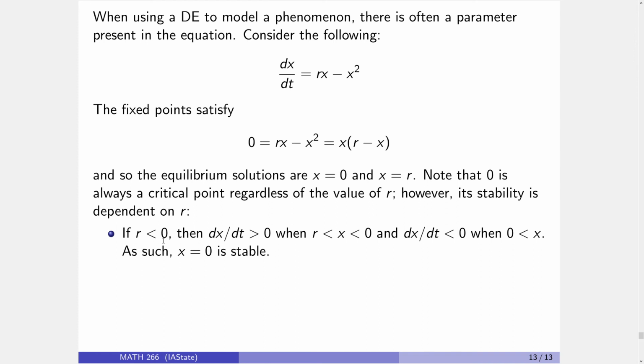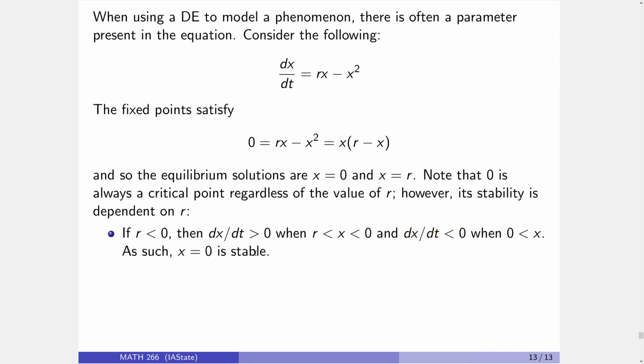If r is negative, then the rate of change is going to be positive when x is between r and 0. So x is less than 0, but x is less than this, so it's r minus x, which is also negative, so you get negative times negative, meaning this is positive. And likewise for x being bigger than 0, the rate of change will be negative.